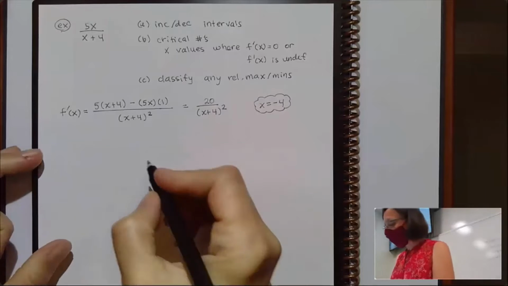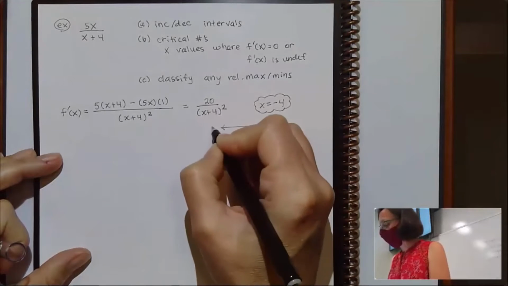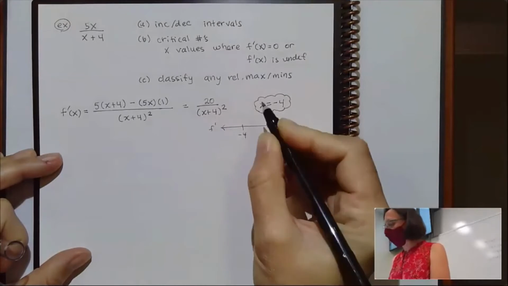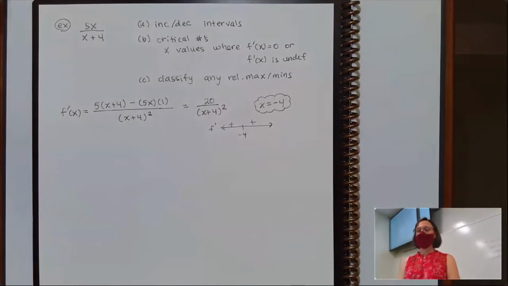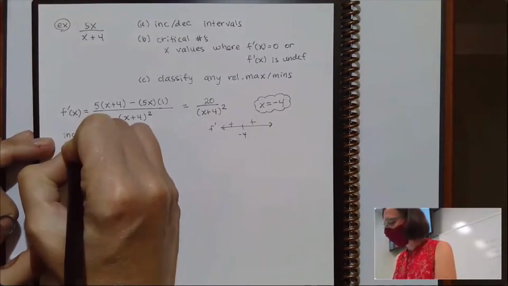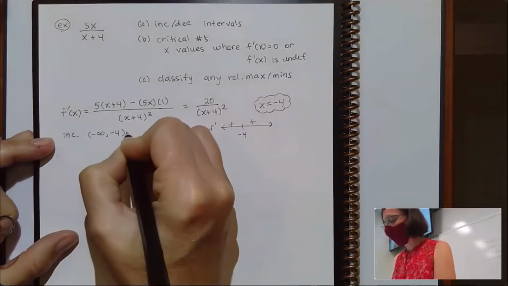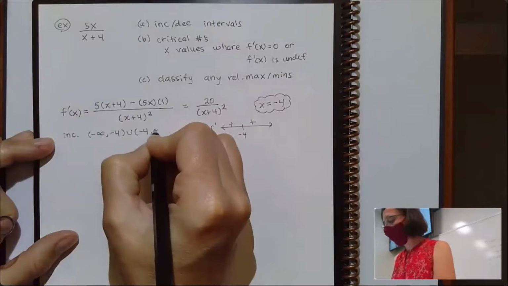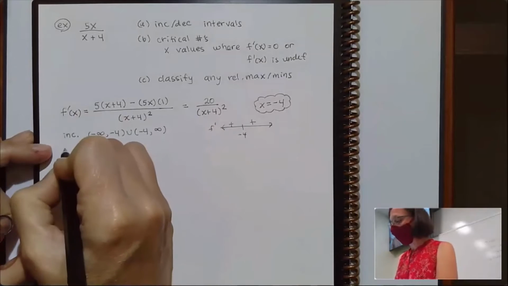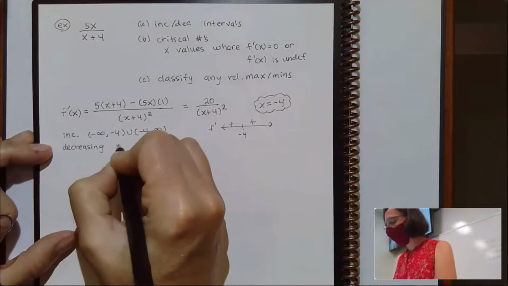If I were to draw a number line for this derivative, the only thing going on would be -4, but I'd be positive on both sides. So in terms of intervals where we're increasing, we're increasing from -infinity to -4 and from -4 to +infinity. And we're decreasing nowhere.